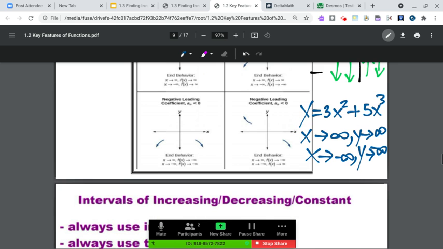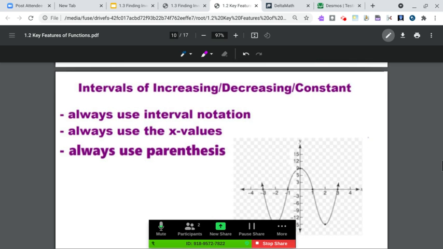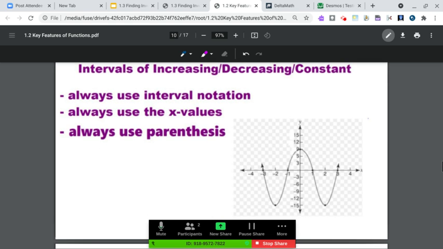Okay, intervals of increasing, decreasing, and constant. For intervals of increasing, decreasing, and constant, you always use interval notation. So you're going to use parentheses. And you use the x values to describe what y is doing.